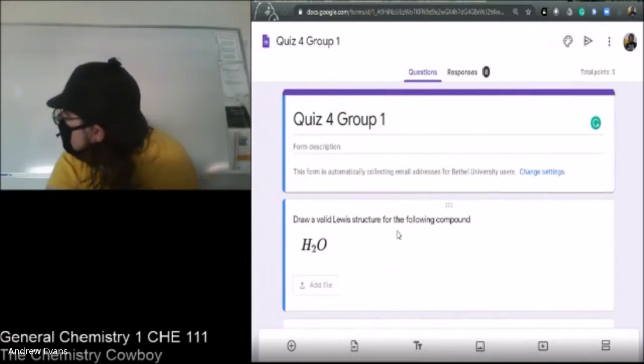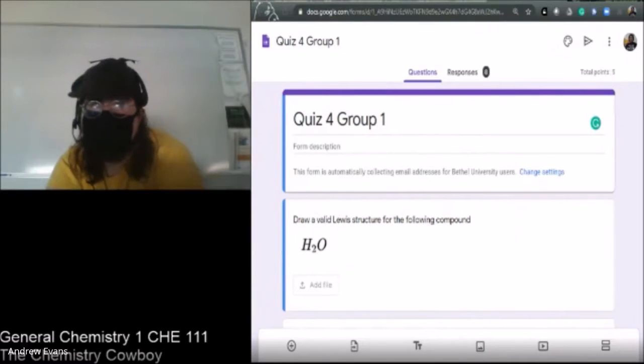For a little quiz, draw the Lewis structure of this. So what they would have to do is draw this, maybe take a picture of this, or somehow get this as a digital copy. And then as part of the test, you will upload that file. That is how we will do the Lewis structures. So be prepared for at least 3 or 4 of those.